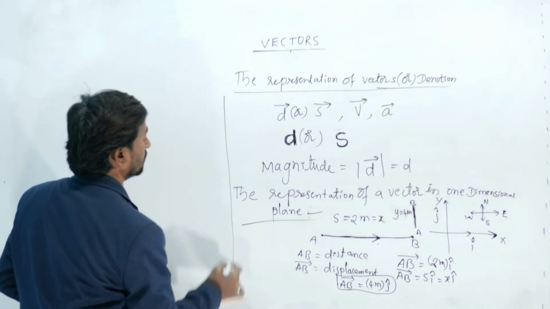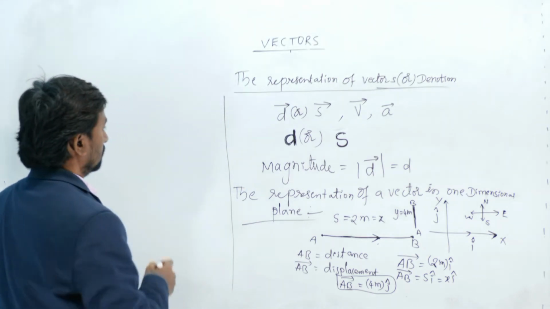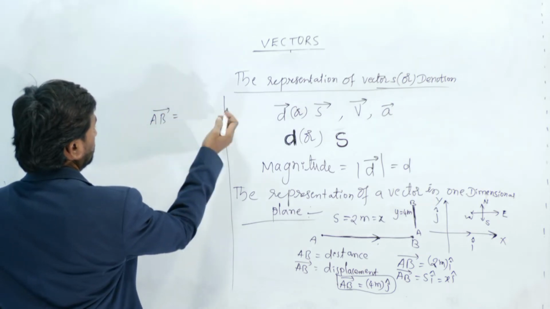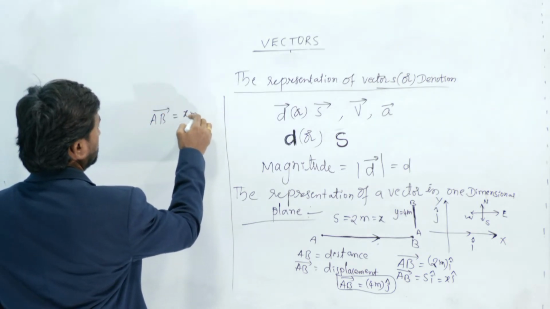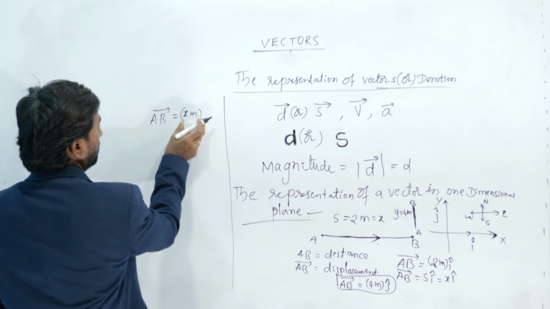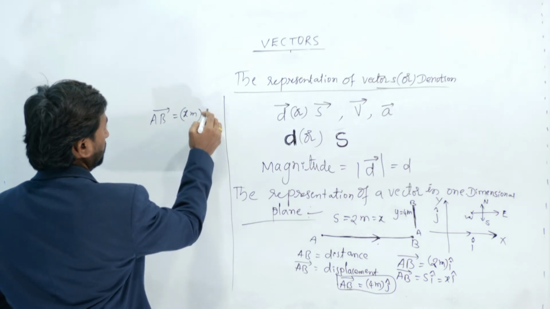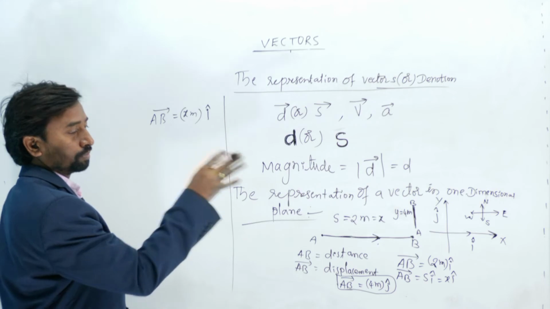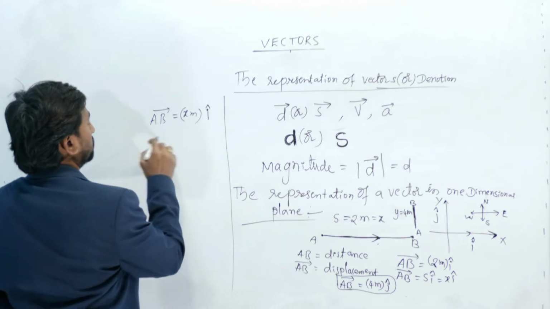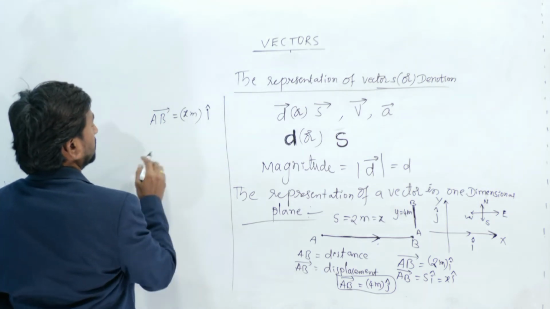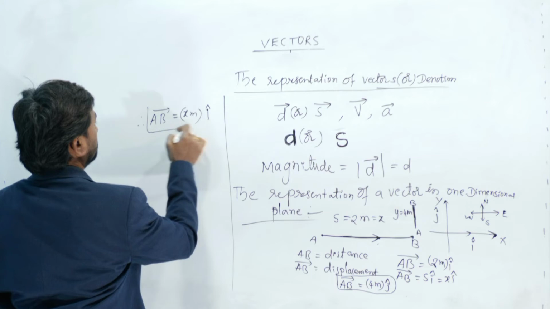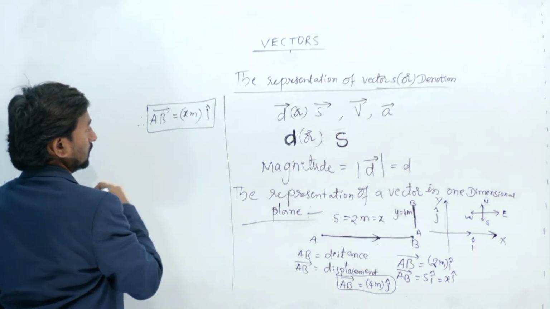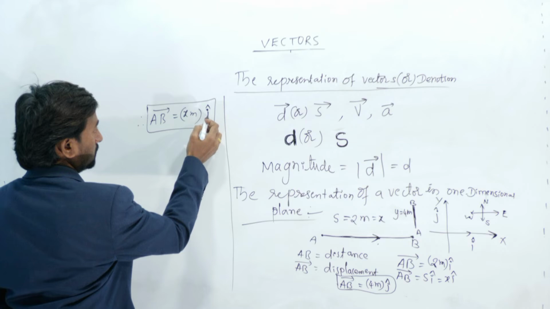So along the x axis, suppose the body is moving some magnitude, say x meters, then the magnitude has to be multiplied with the unit vector along that direction, if it is moving along the positive x direction. This is the vector form of the displacement vector. If it is moving in the negative x direction, we have to multiply by minus I cap.